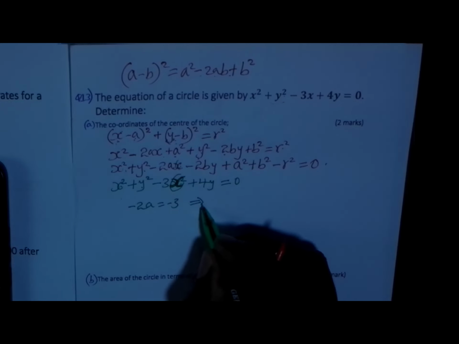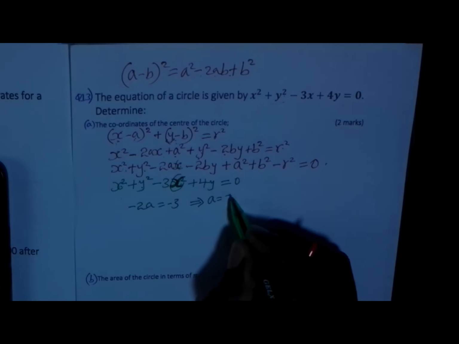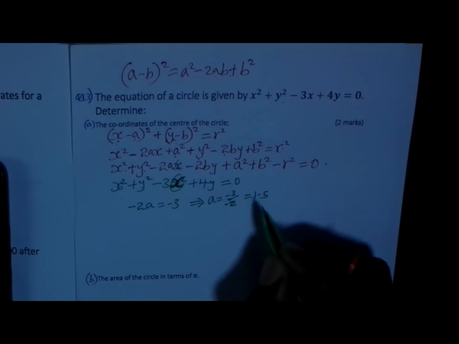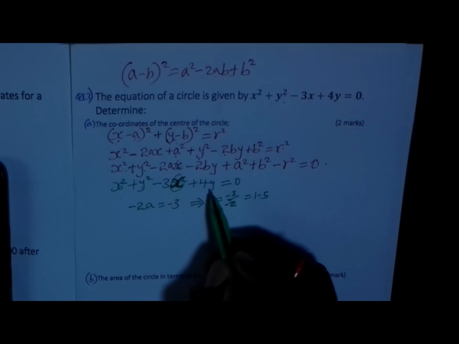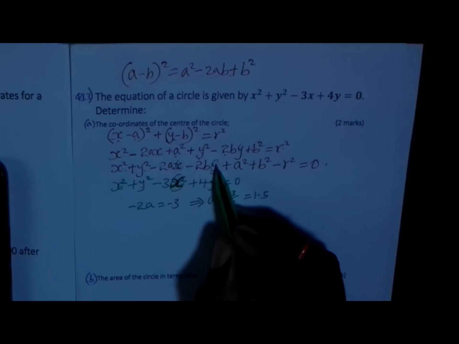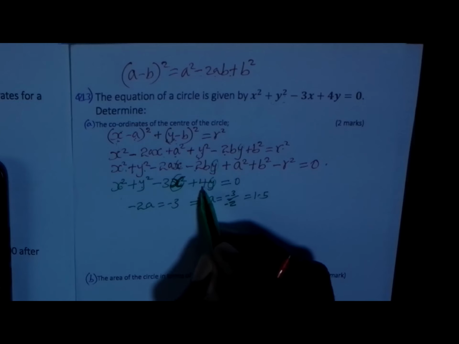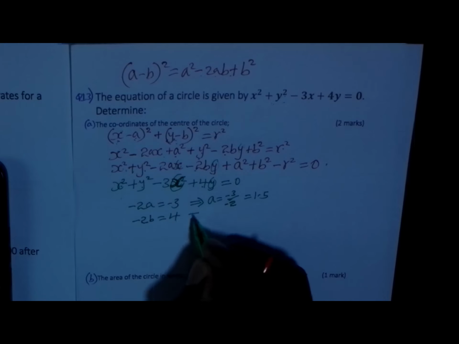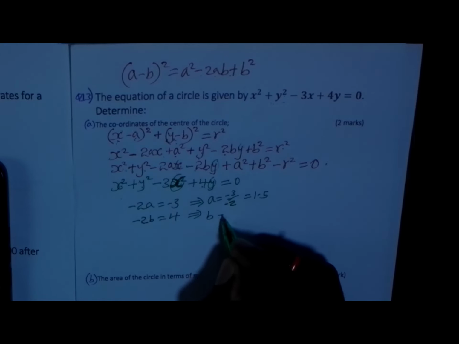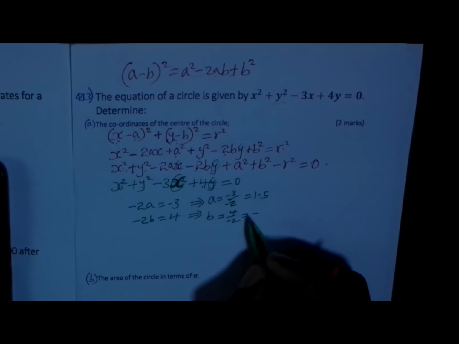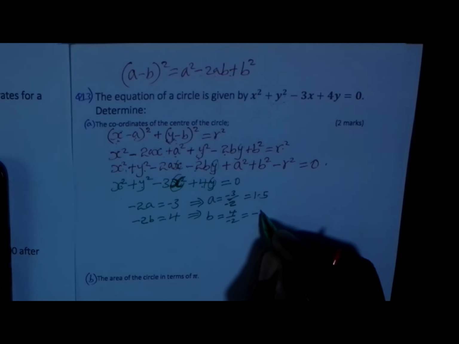This implies that a is equal to minus 3 over minus 2, so we get 1.5. Compare the corresponding coefficient of y: minus 2b is equal to 4, and therefore b will be 4 over minus 2, which will be minus 2.